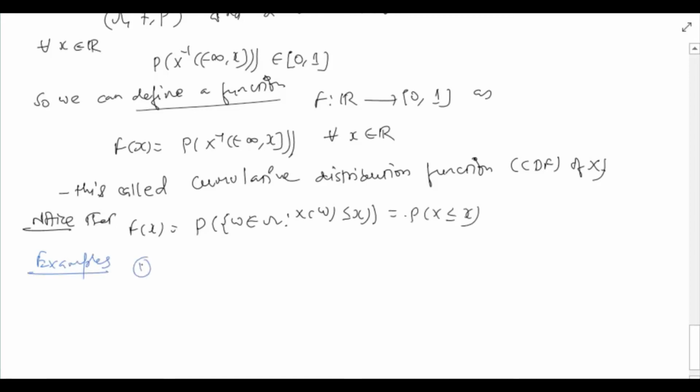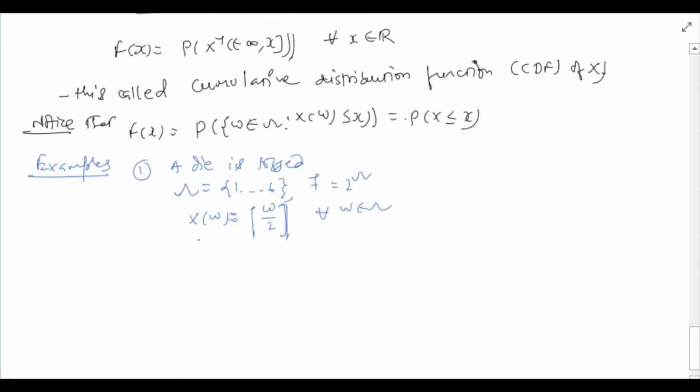The first example is the die tossing example seen before. Here Omega is 1 to 6. We take script F to be the sigma algebra, and as in the first example we consider the function X of omega to be the ceiling of omega by 2 for all omega in capital Omega.